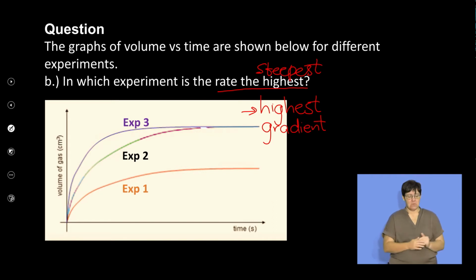And if it's not so steep, you know that the rate is declining. If we look at experiment 3, 2, and 1, the one with the highest rate is the one with the steeper start to it. So I would say experiment 3 is the one with the highest rate.